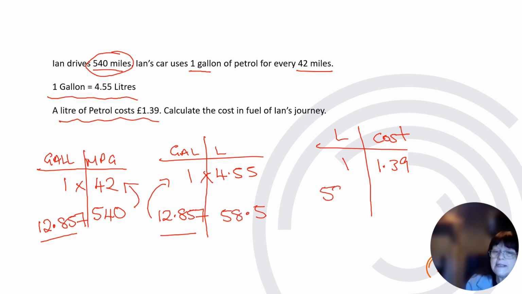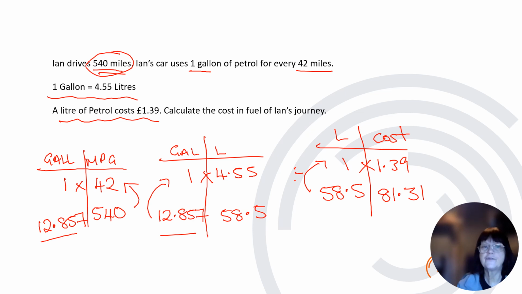Now I know the litres, I can divide by the number above, which is the same, anything divided by 1 will give you itself, and then multiply across, and I will end up with £81.31 to drive my 540 miles at 42 pence a mile. You did fantastically if you managed to get that right, so well done.